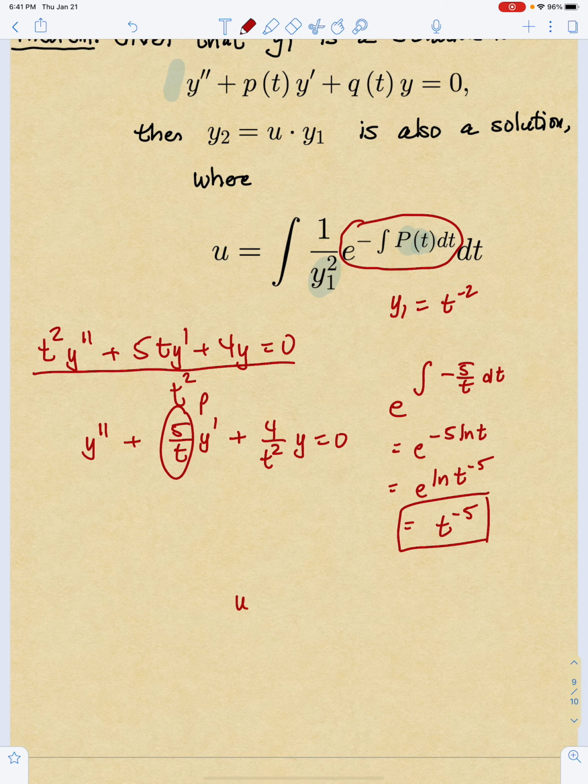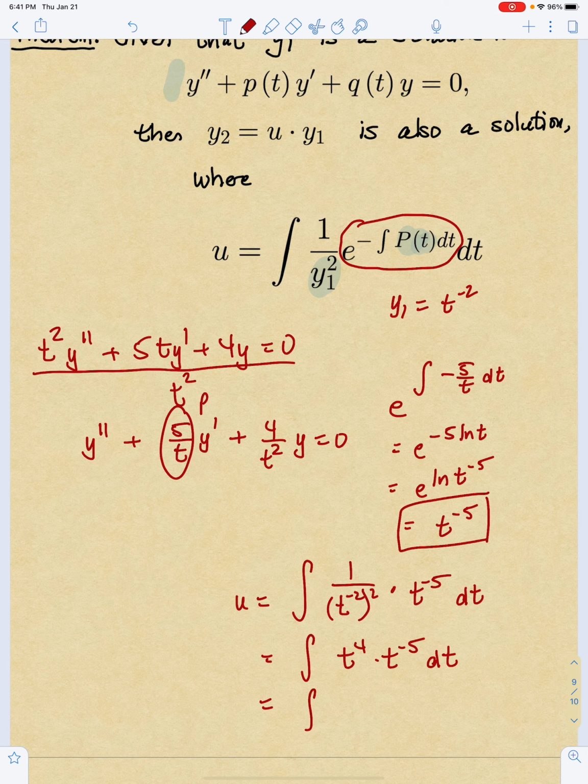Okay, so that is that integral. So that means u is equal to the integral of 1 over t to the negative 2 squared times t to the negative 5 dt. This looks much more doable now. So we have integral of, well, that's going to be t to the 4th times t to the negative 5th, which is 1 over t. Oh, that's a nice integral.